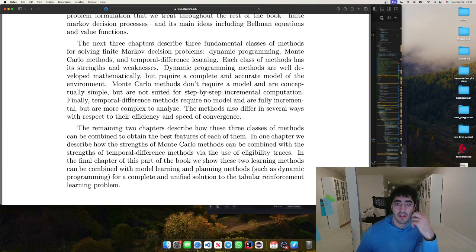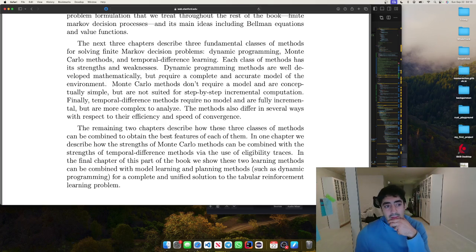The next three chapters describe three fundamental classes of methods for solving finite Markov decision problems: dynamic programming, Monte Carlo methods, and temporal difference learning.